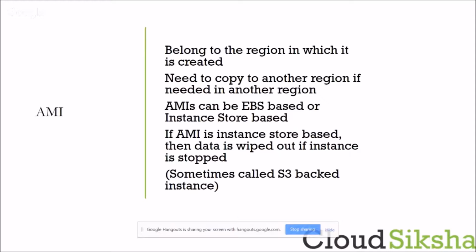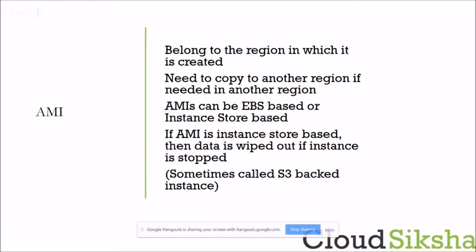If it is made public, then anyone else can launch their instances using your AMI. Or you can give permission to a particular account. So you can say that a particular account can use your AMI, and then that account, whoever is the user there, will be able to access your AMI.